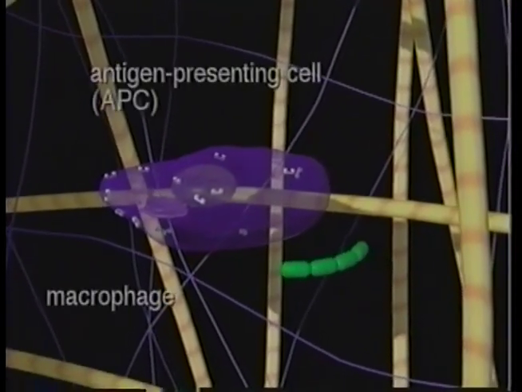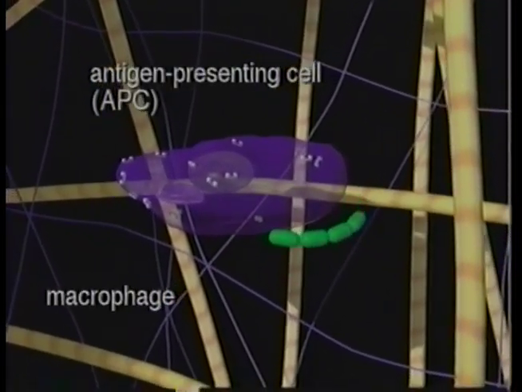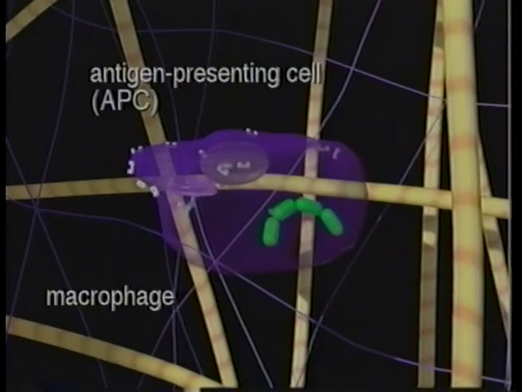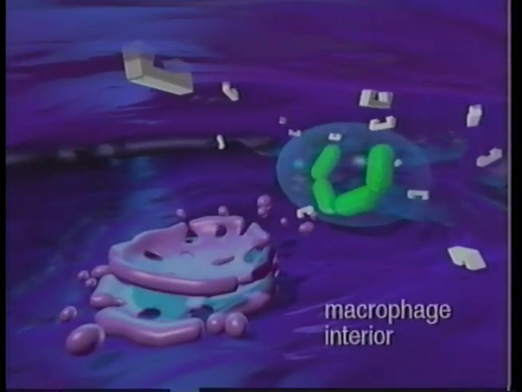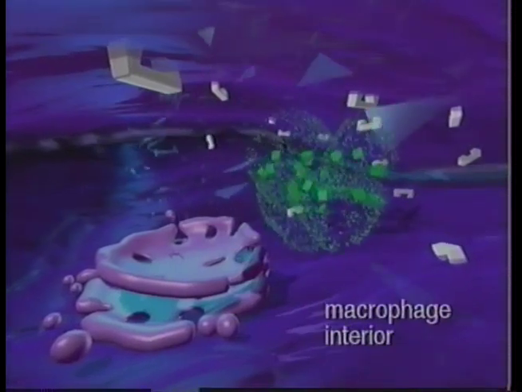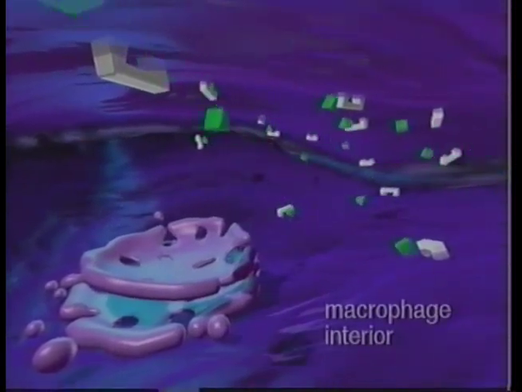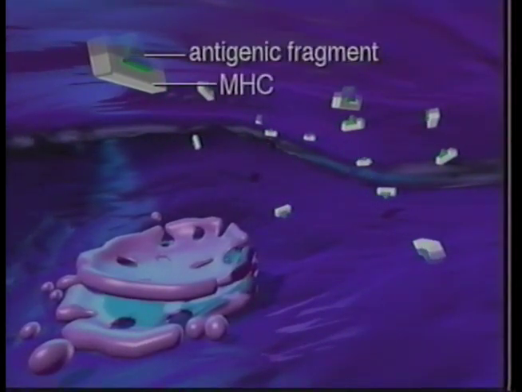The cell-mediated response begins when a pathogen is engulfed by antigen-presenting cells, in this case, a macrophage. After the microbe is broken down by lysosomal enzymes, antigenic fragments are displayed with MHC molecules on the surface of the macrophage.